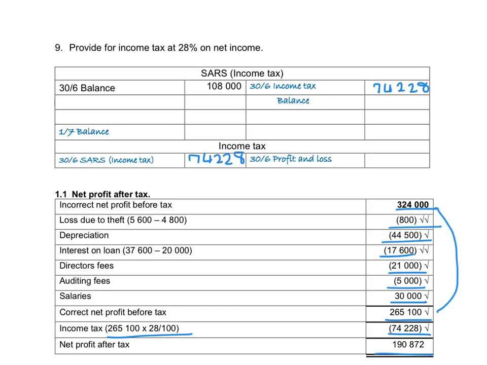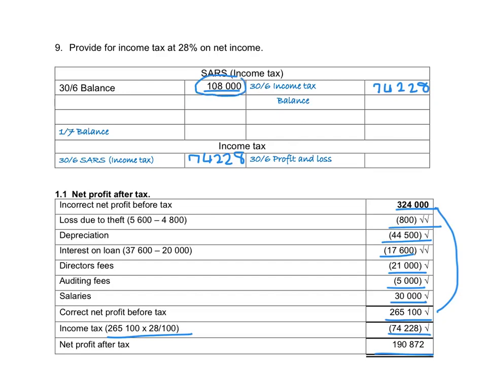Now, if we look in the trial balance, we see that the SARS income tax have a debit balance. When we pay provisional tax, we credit the bank and we debit SARS. So this is the amount that we already paid during the year.